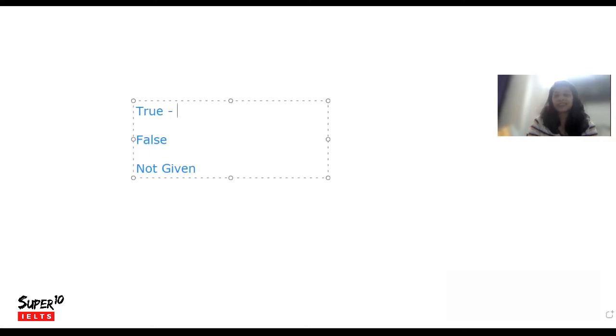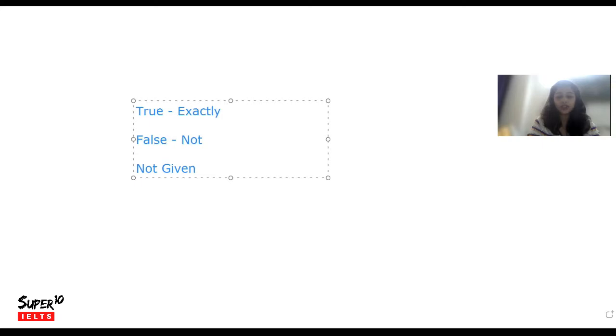Now, if the statement of the question is exactly something that you find in your reading passage as well, then it is absolutely true. If you find a contradictory statement in your passage and question, then it is not true, it is absolutely false. So I hope we understand the clear distinction between the two.